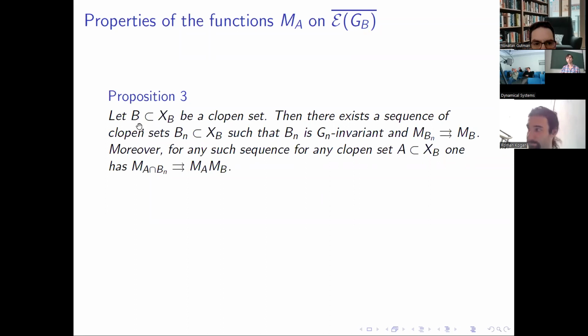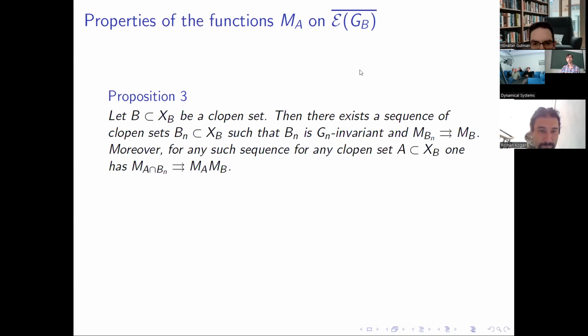It states that if we have a clopen set B, then there exists a sequence Bn of Gn invariant sets such that measures of Bn converge uniformly to measures of B for each ergodic measure.